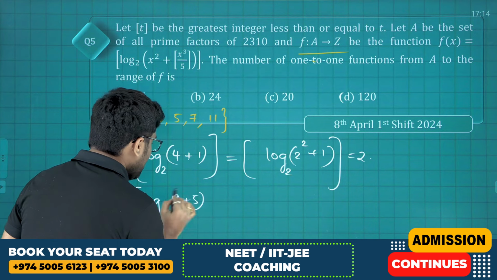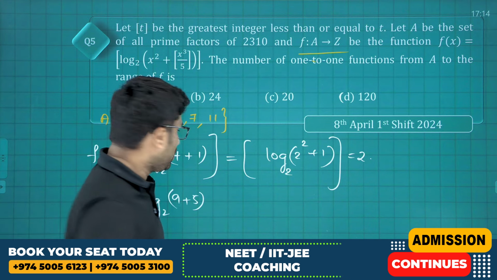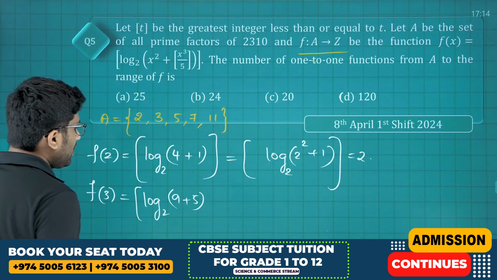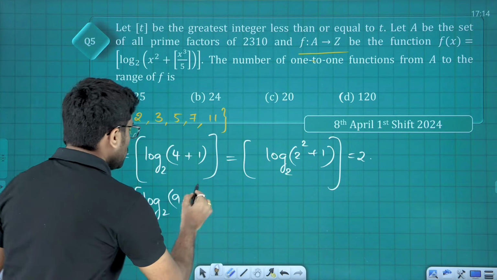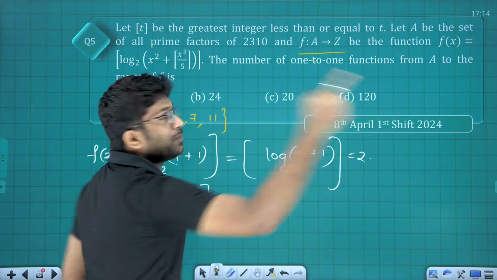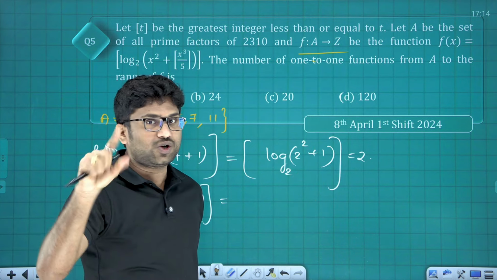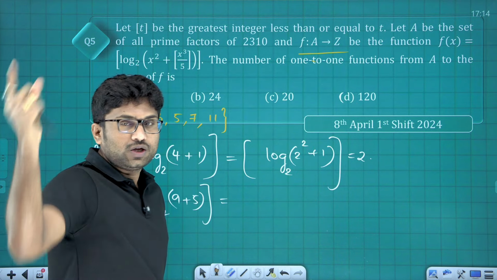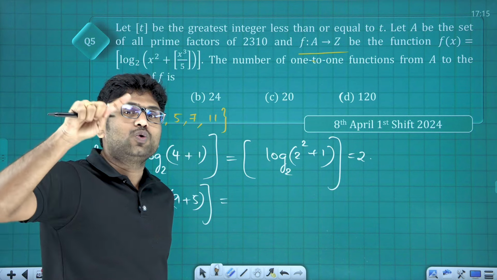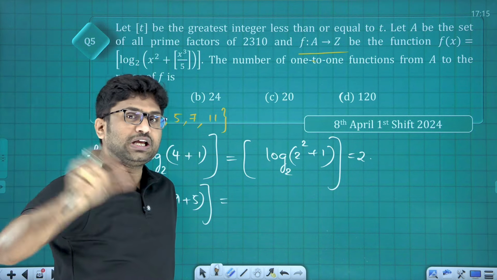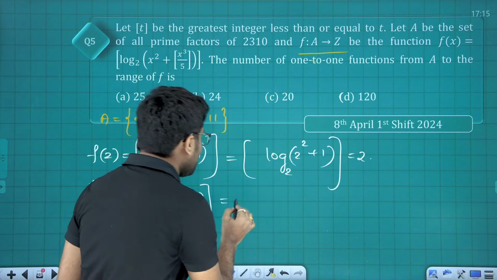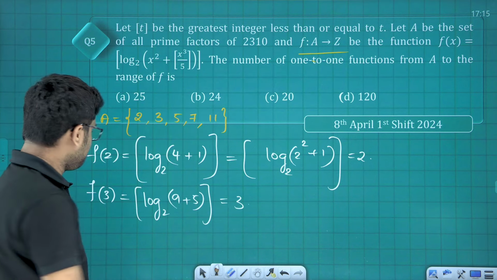So 9 plus 5 is 14. 14 we can write as 2 cube is 8, 2 power 4 is 16, so 14 can't be written as 2 power 4. So it is log 2 cube plus something. Log 14 is 3 point something. Step of 3 point something is 3 now. I am writing it directly, friends.